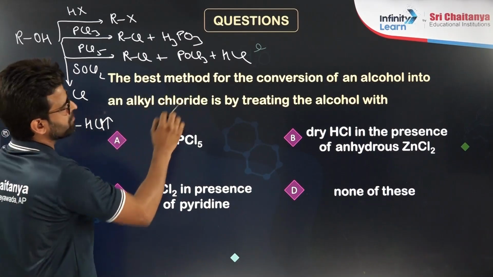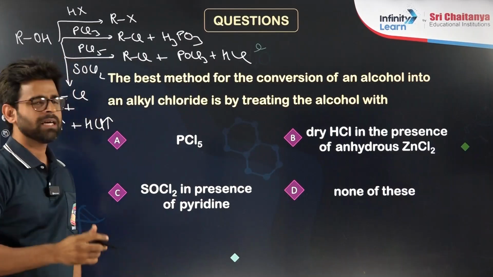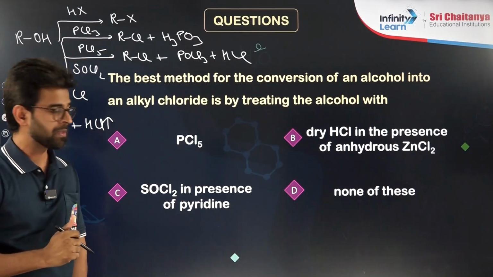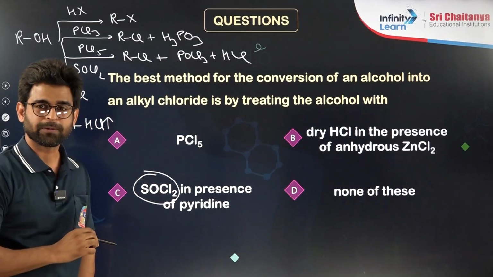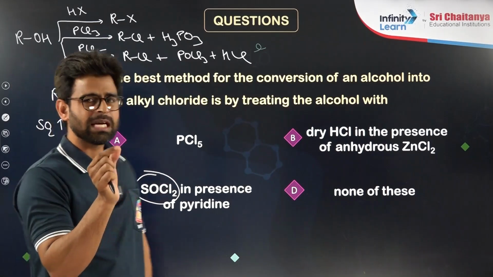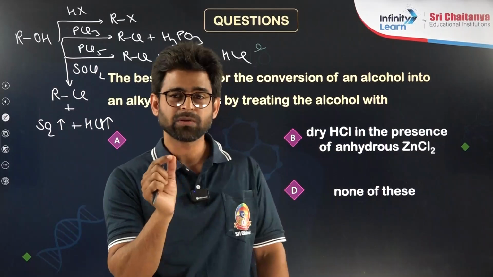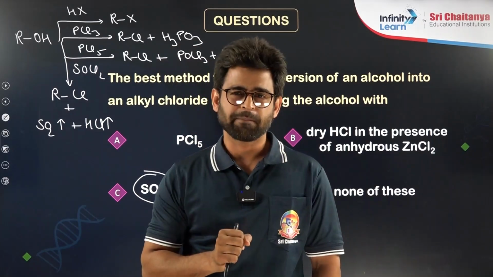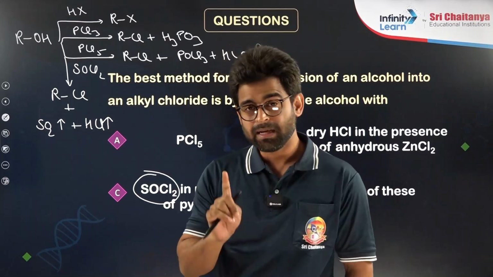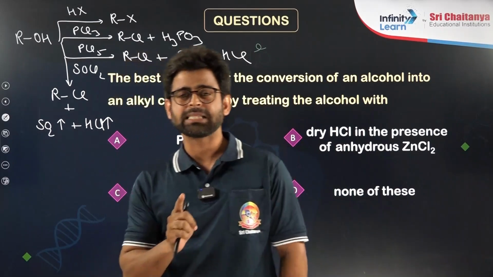The best method for the conversion of alcohol into alkyl chloride, they are asking. So the best method is definitely using SOCl2. If we use thionyl chloride alone, we call this Darzens' method, and yes, it is the best method. The mechanism for that will be SNi.